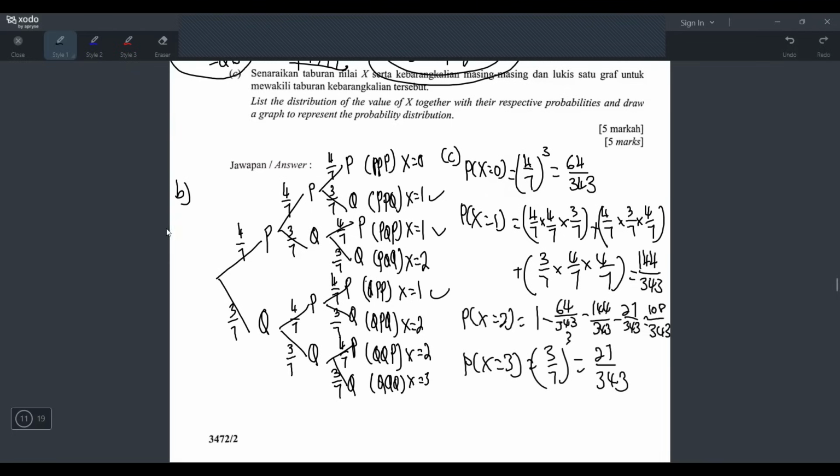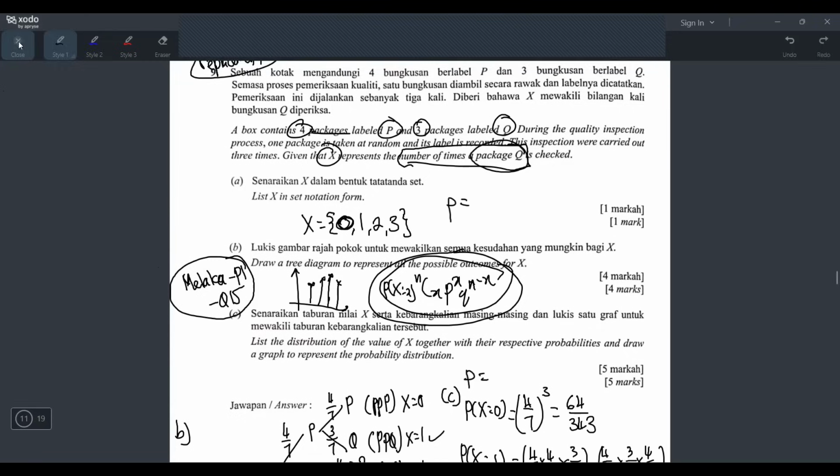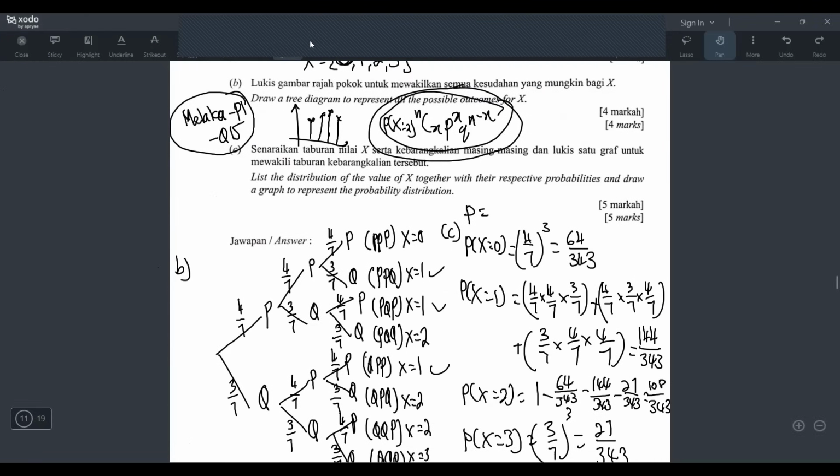But I think the schema is wrong actually, because in this question they already said x must represent the number of times package Q. So the last baris already said x represents number of package Q, means your probability of success P must be package Q punya probability, which is 3 over 7. Alright. And then Q baru jadi 4 over 7. Right. But in the schema, they did terbalik tau. Dia jadikan P 4 over 7. So I think the schema is wrong.